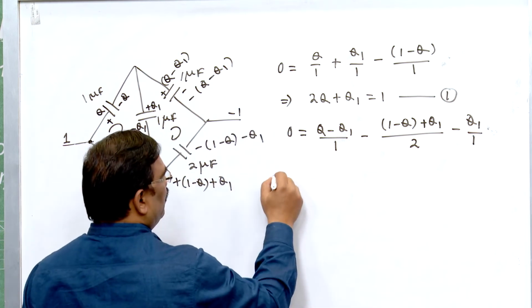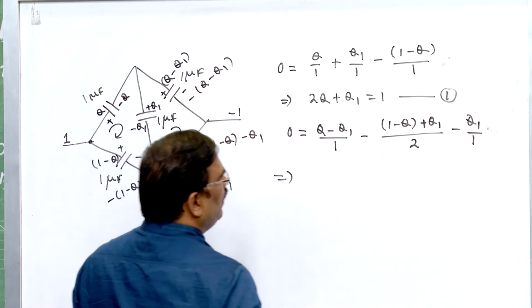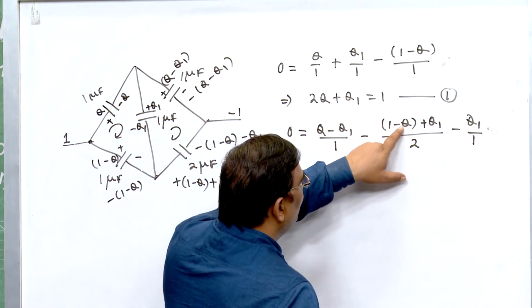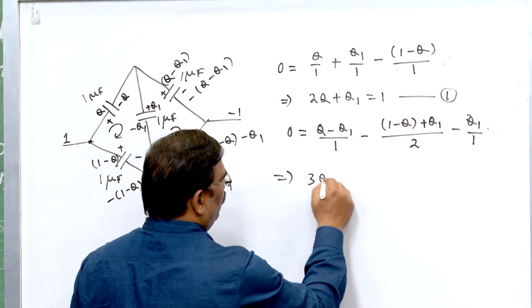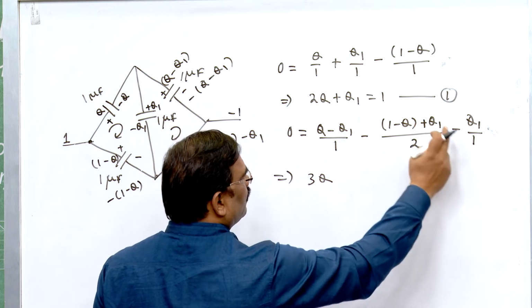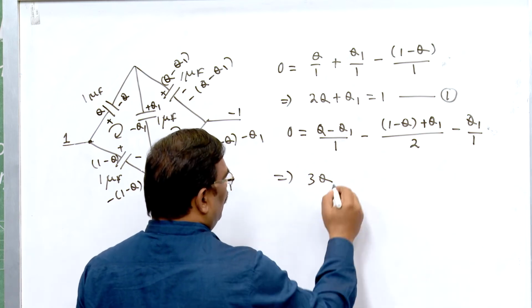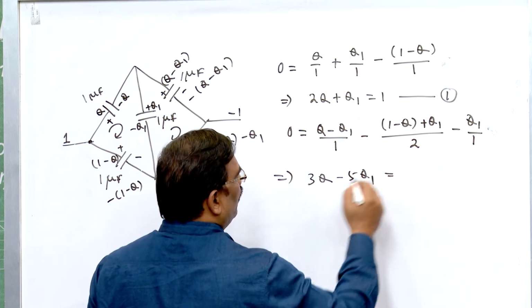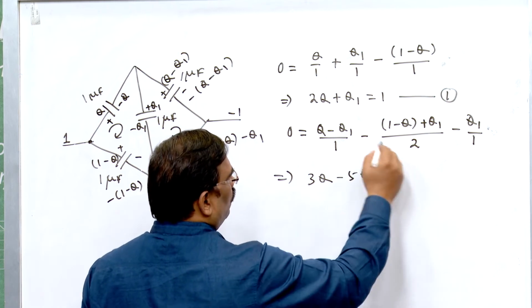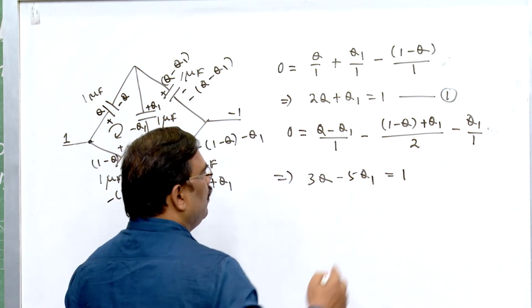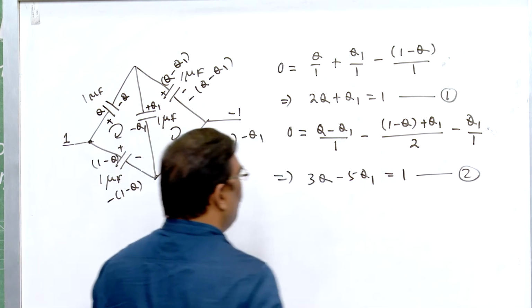So, from this we will get 2Q plus Q, 3Q, minus 2Q1 minus Q1, minus 5Q1 equal to 1. This is my equation number 2.